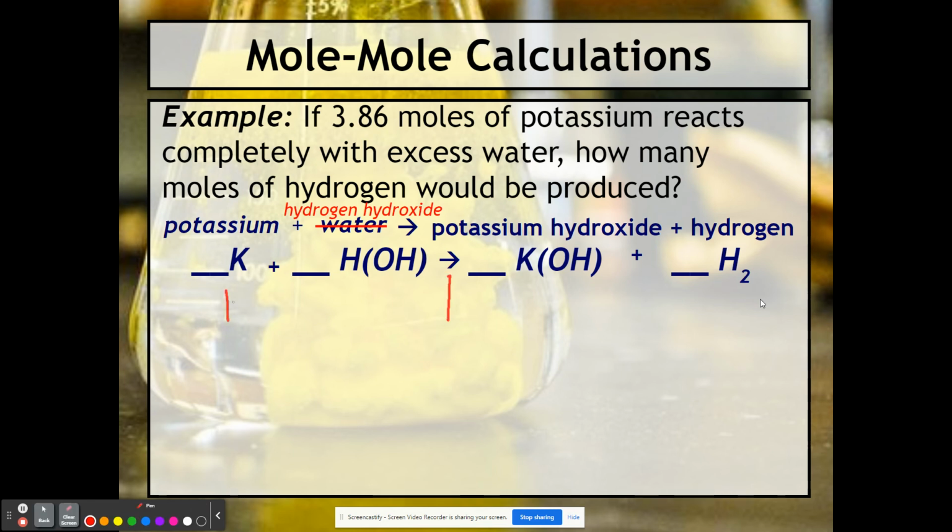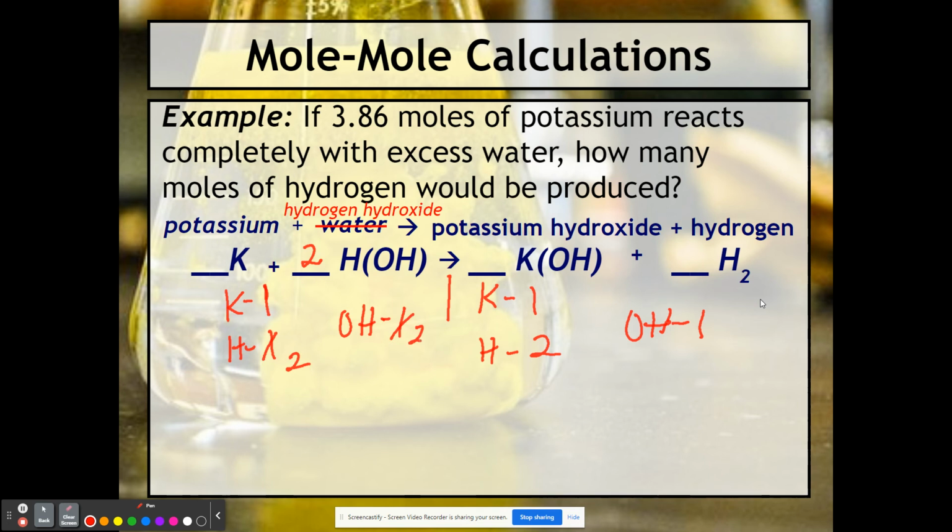Remember, we write out all of our elements, and then we count how many we have. The only thing here that isn't balanced is our H. So we need 2 of those.